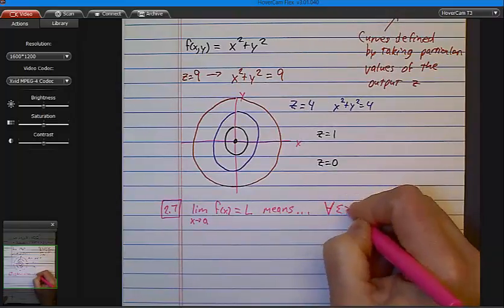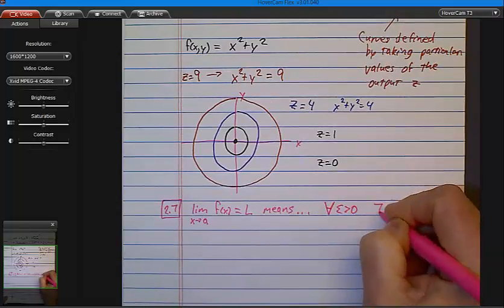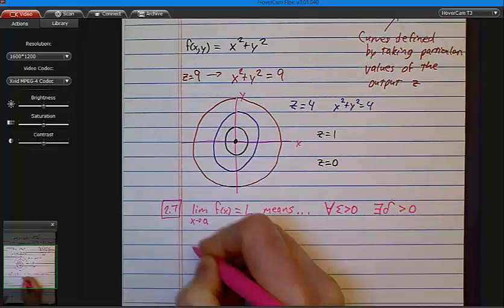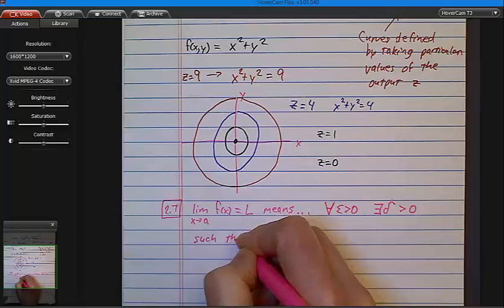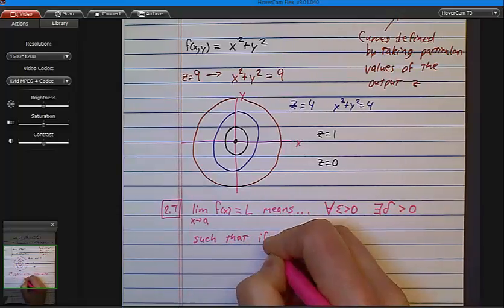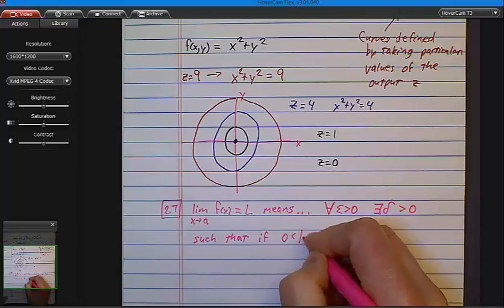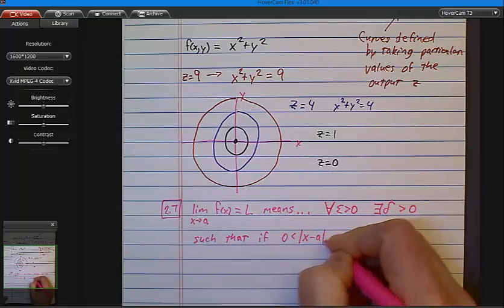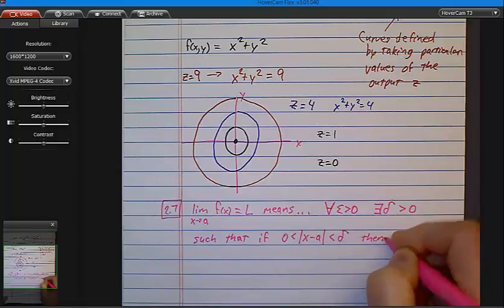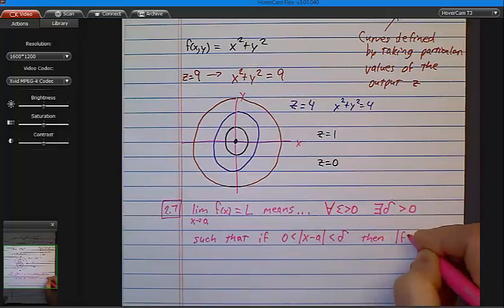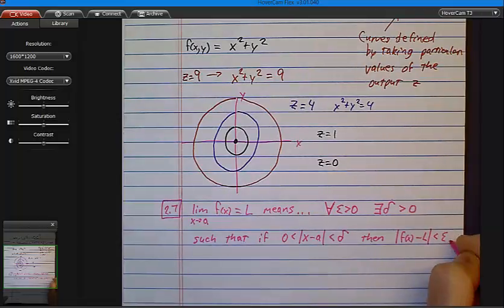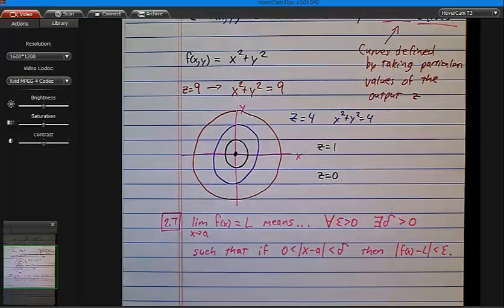For every epsilon greater than 0, there exists a delta greater than 0 such that if 0 is less than the absolute value of x minus a, which is less than delta, then the absolute value of f of x minus L is less than epsilon. I think I wrote that the first day of class.